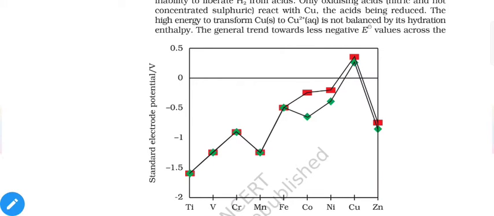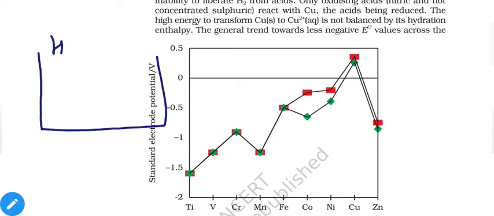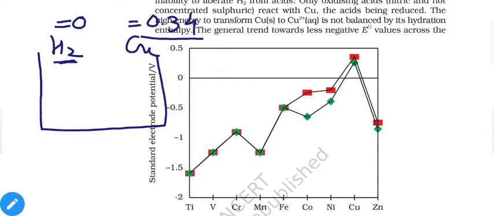The reason for the positive value of copper is that it cannot liberate hydrogen from the acid. We know that when we place copper and hydrogen in the same cell, that means when we construct a cell having H2 and Cu, two different electrodes, then hydrogen has 0 value of electrode potential, whereas copper has a comparatively higher value, 0.34.